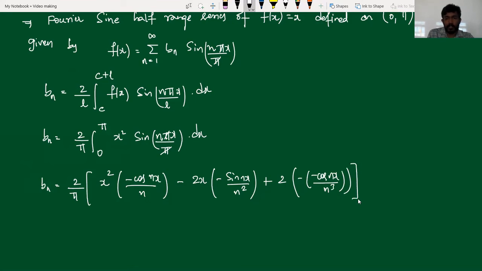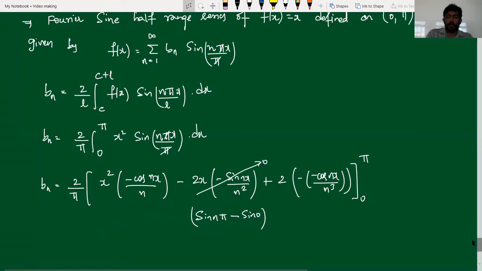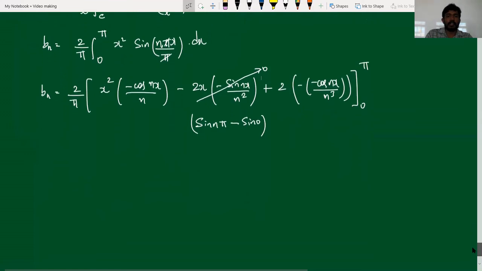So this is between the limits 0 to pi. If I substitute the limit for the second term, for the upper limit it becomes sine n pi minus, for lower limit it becomes sine 0. For both upper and lower limit, this second term will go to 0. Now I substitute limits only for the first and the last term.